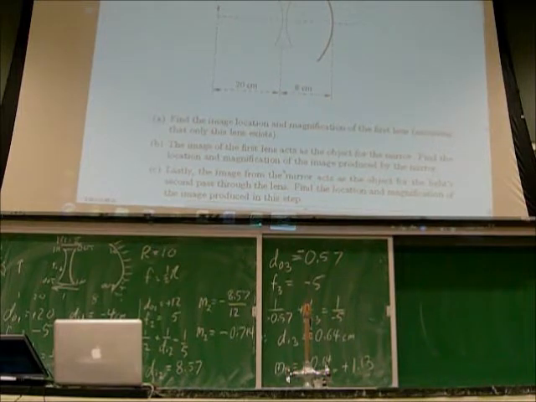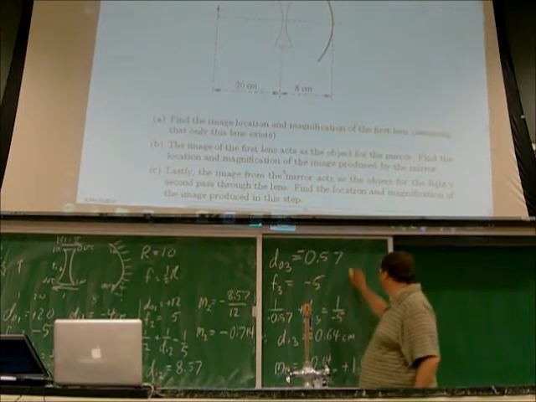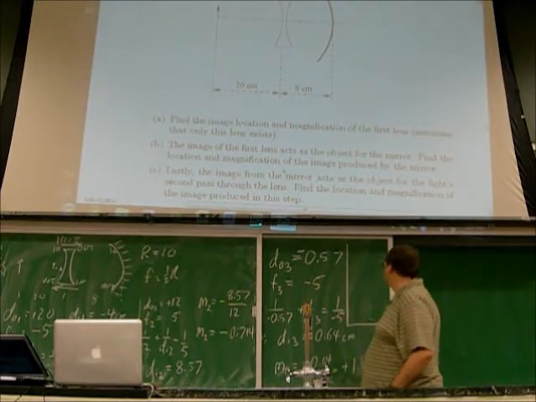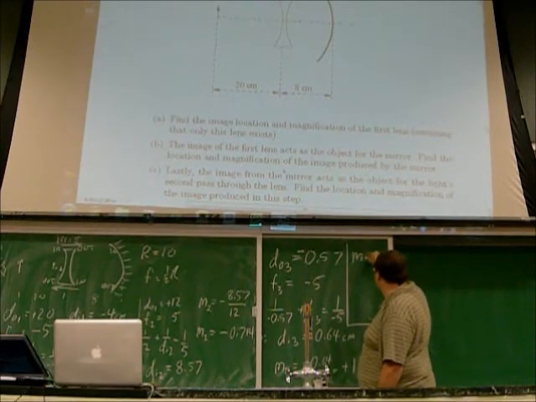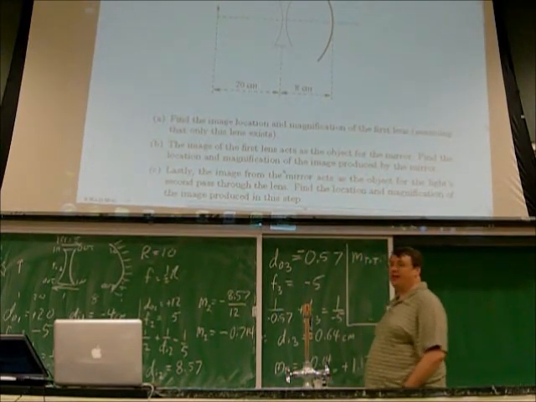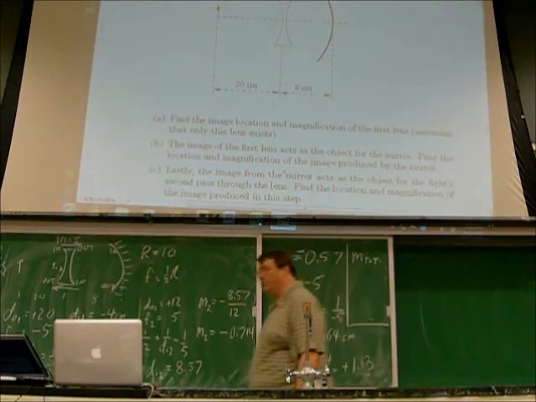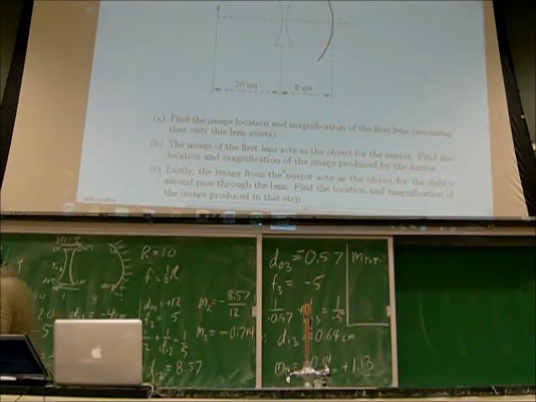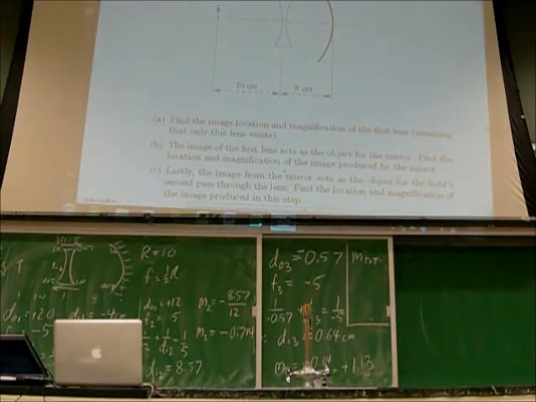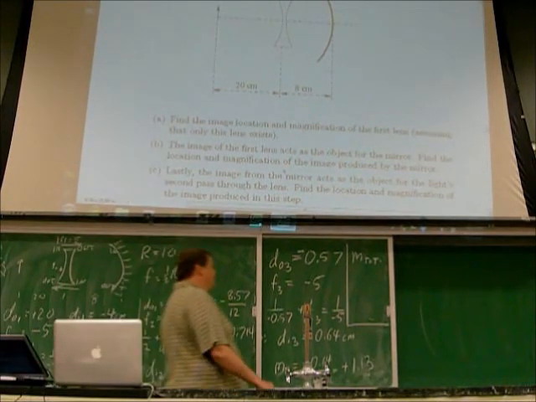What's the total magnification? How do I get the total magnification? What do I do? Multiply. I take M1 times M2 times M3. So I can see that M1 was positive, M2 was negative, M3 was positive. So the product of those three is going to be a negative.